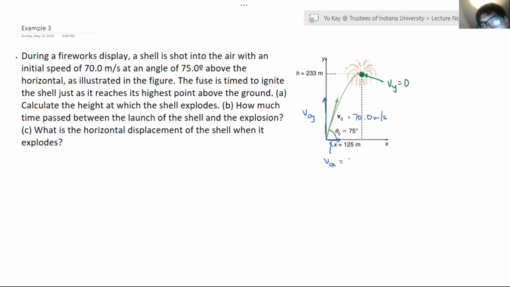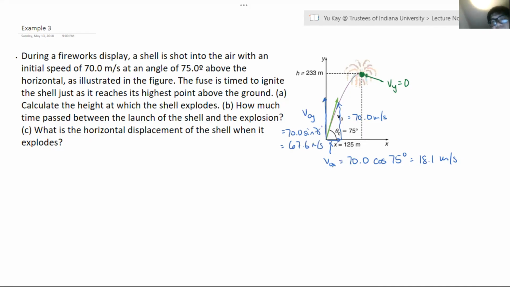So over here, it's 70.0 times cosine 75 degrees, which gives 18.1 meters per second. In the y direction, similarly, it's 70.0 times sine 75 degrees. This is opposite, right? This is going up. So here, this would be 67.6 meters per second.